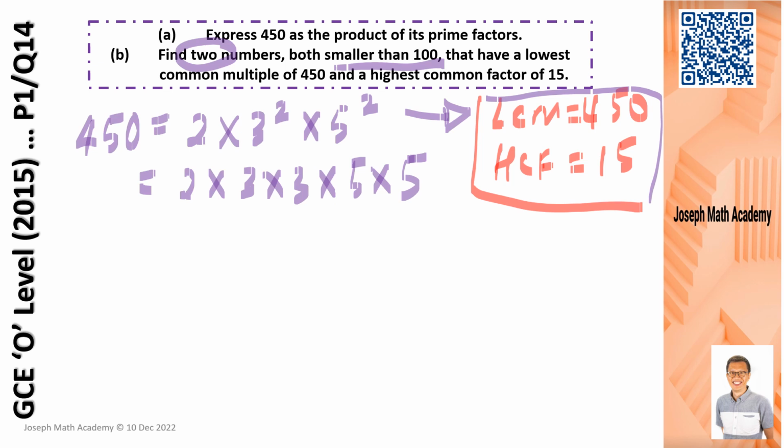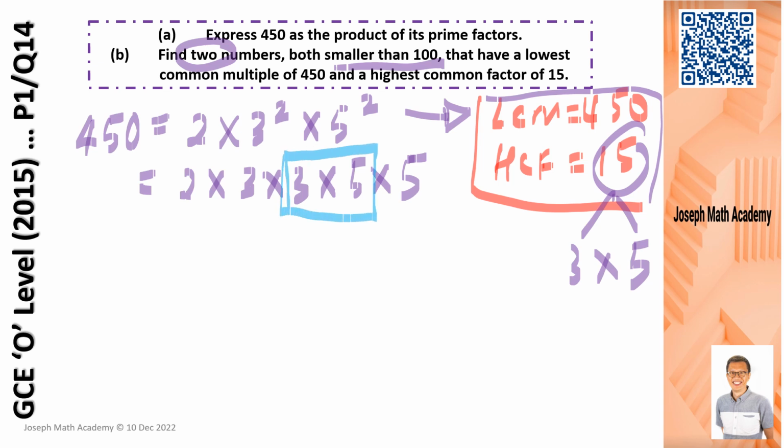That means it must have this 3 and 5. So I'm going to block up these two values first. It must have these two. That means our two numbers must consist of the digit 3 and the digit 5. That gives us 15. It must have the product of these two factors.